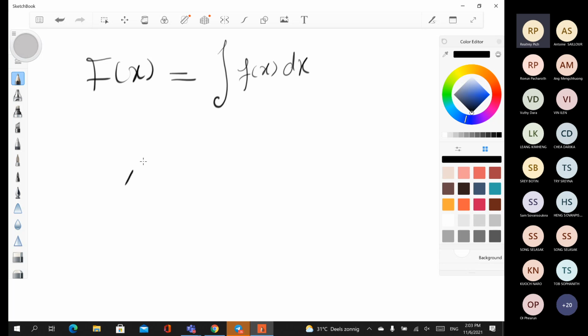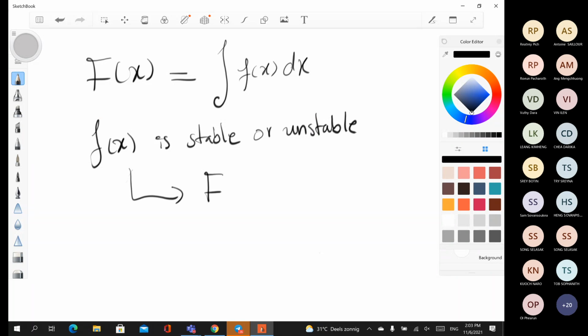So if you are able to identify whether f(x) is stable or unstable, it means that it's the same case, that you can identify whether f(x) is stable or unstable. Okay.